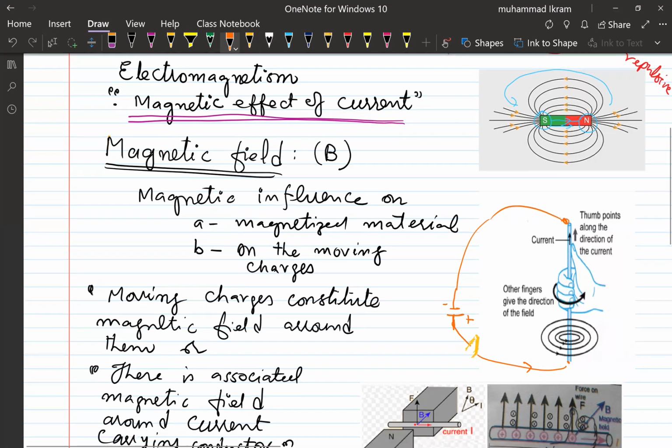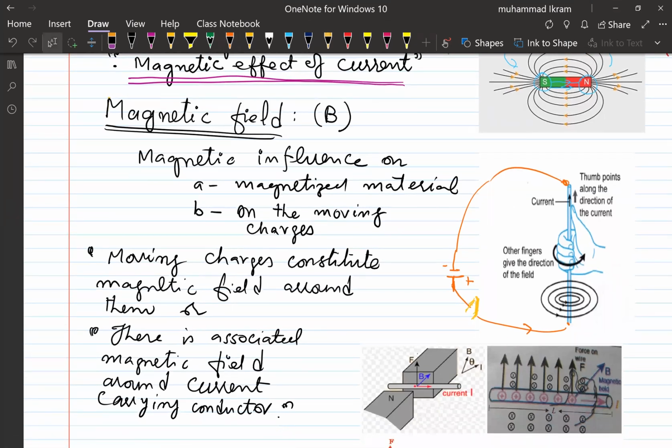Most importantly, the direction of the magnetic field is perpendicular to the plane containing the current. These are the moving charges and they constitute a magnetic field around them. Once you stop the current, the magnetic field disappears. So it is associated with the moving charges.